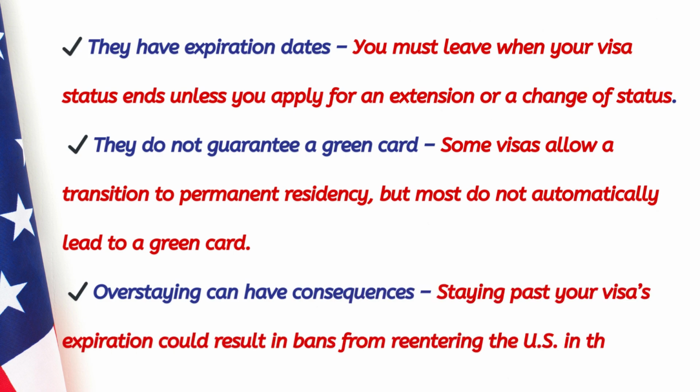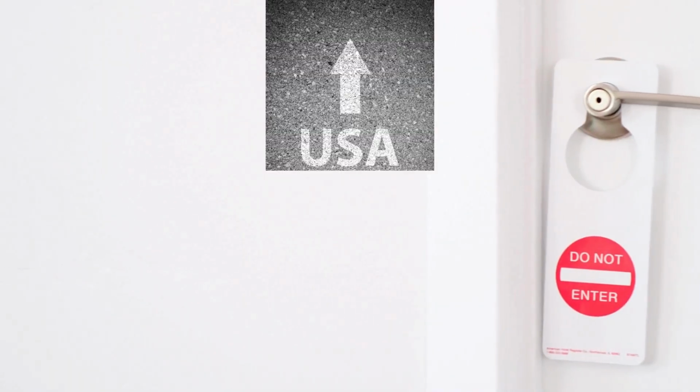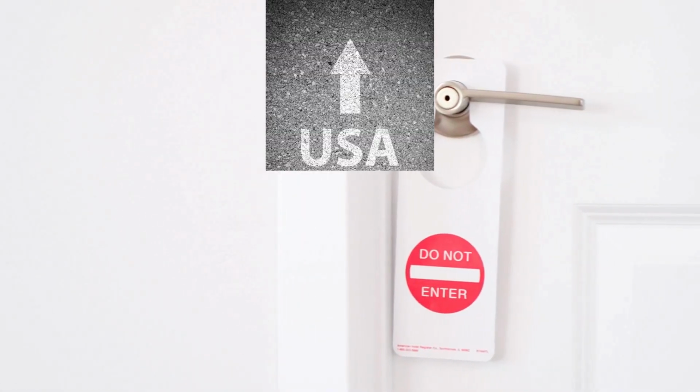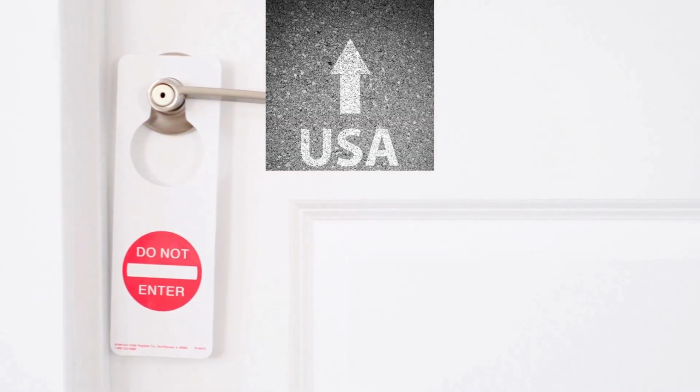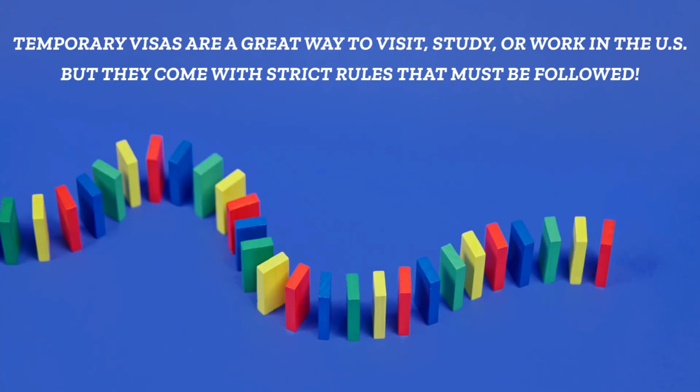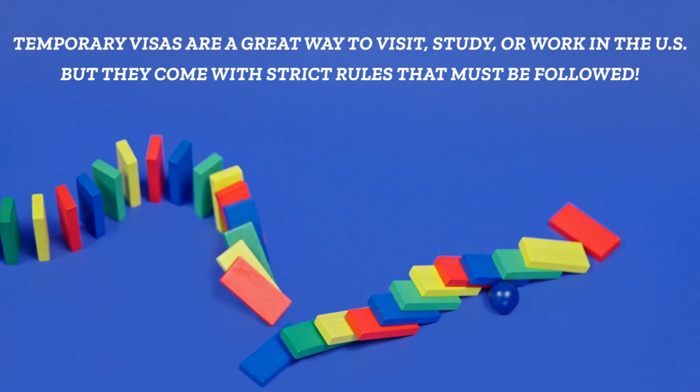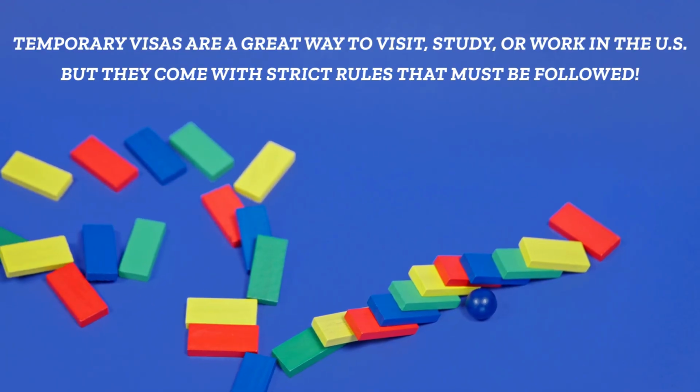And it's extremely important to understand that staying past your visa's expiration could result in bans from re-entering the United States in the future. So temporary visas are a great way to visit, study, or work in the United States, but they come with strict rules which must be respected and followed.